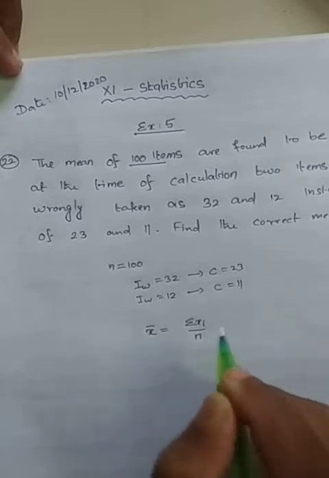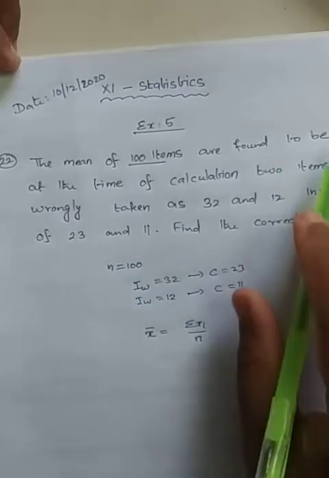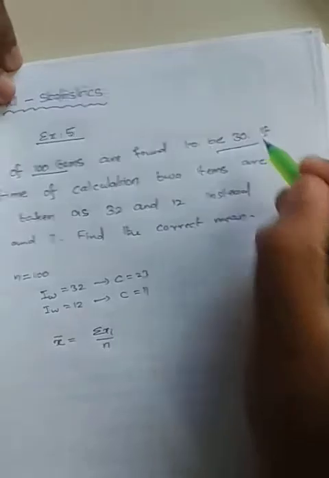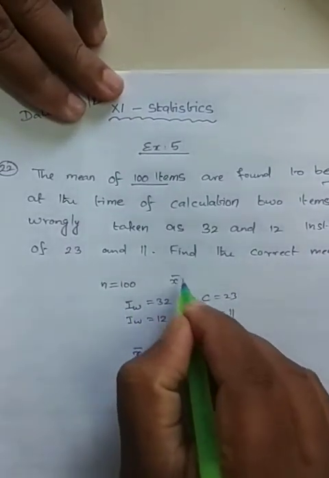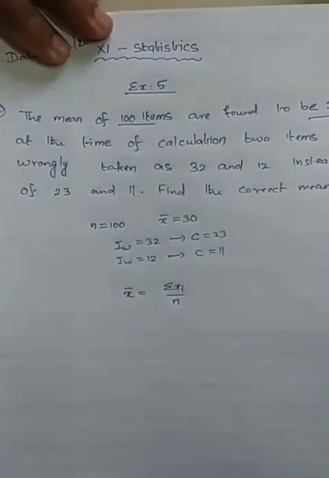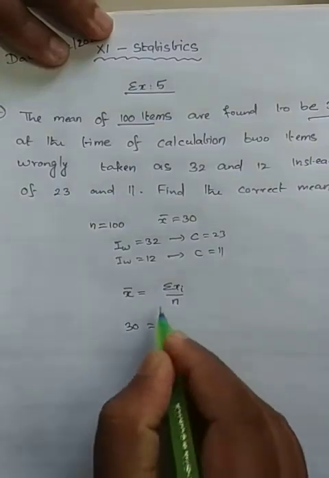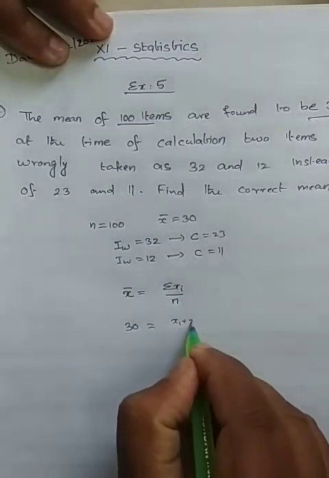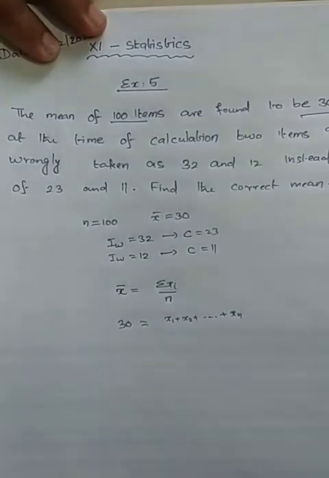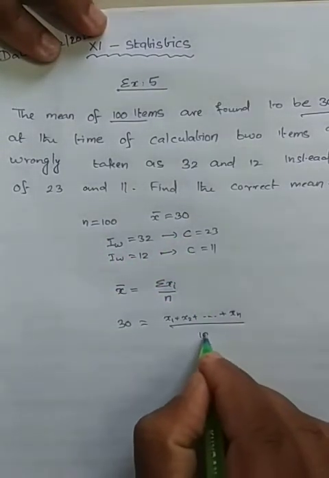Here the mean of 100 items is given as 30, so x bar is 30. Now xi means x1 plus x2 plus so on up to xn, divided by n. What's the n value? 100. So you write 100 here.